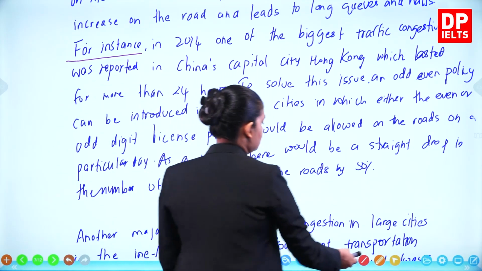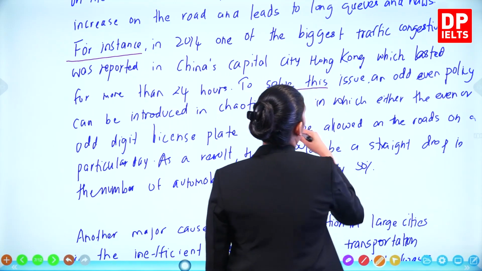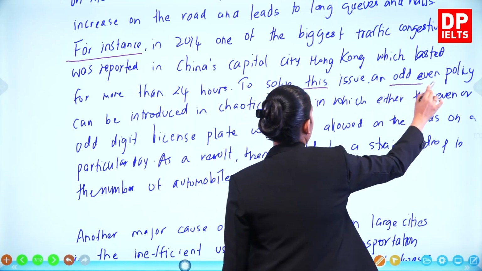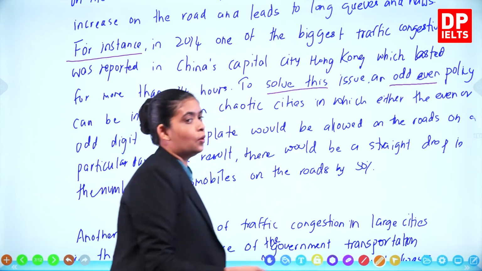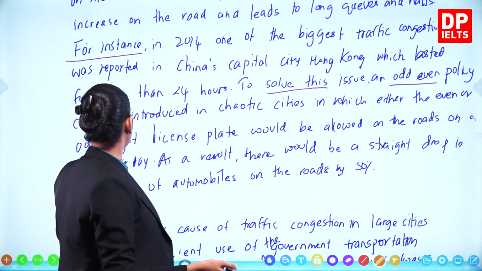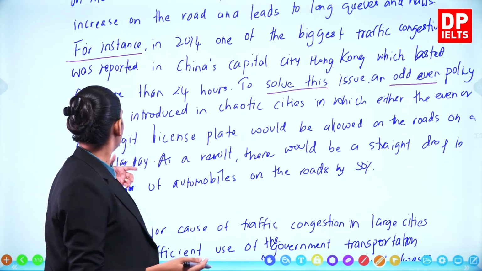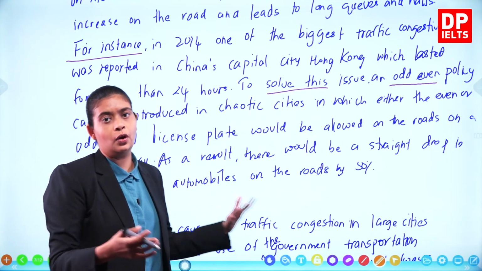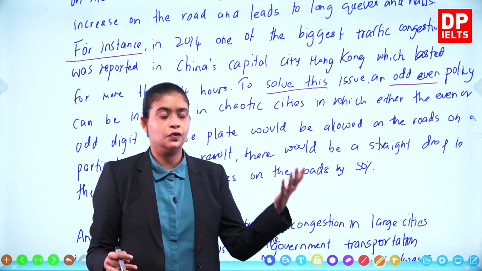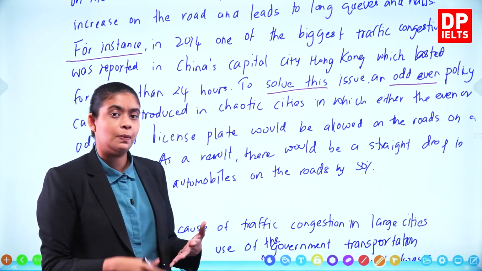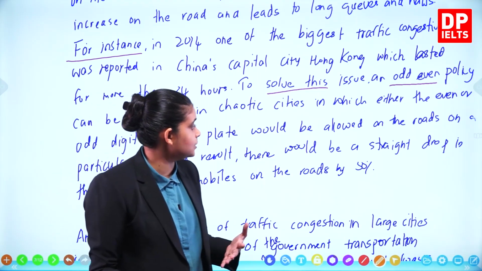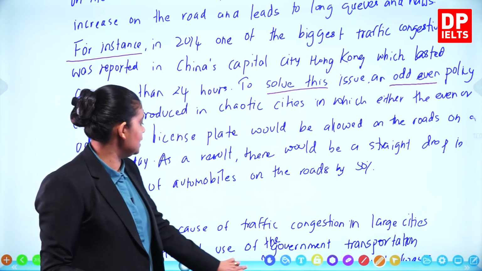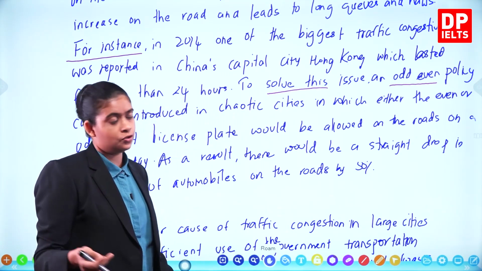To solve this, so this is the solution, we could have an odd and even policy. So depending on your number plate, okay, if you've got an odd or even digit number plate, on odd days you go on these specific days, and if you've got an even digit number plate you go on these specific days, right? So that is cause 1, solution 1.